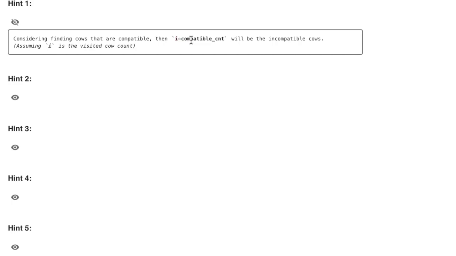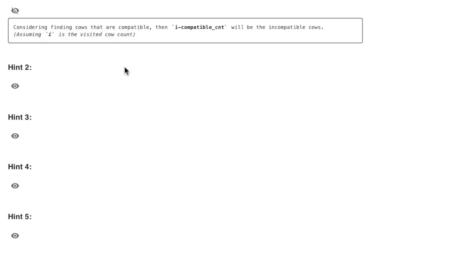So compatible cows will be the number of cows that are compatible with this cow I. So the incompatible cows will just be I minus compatible cows. Assuming I is the visited cow count, which is also the index if we iterate the cows from 0 to n-1. But how can that help us solve the problem?